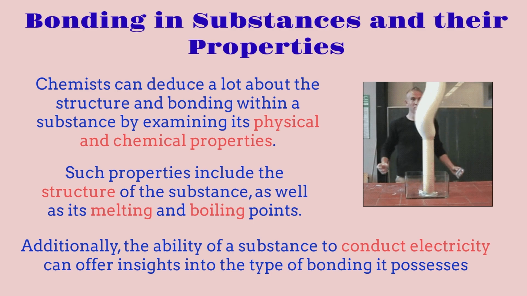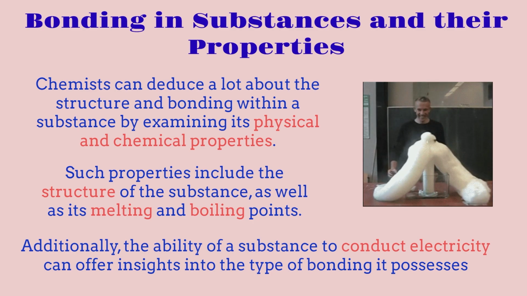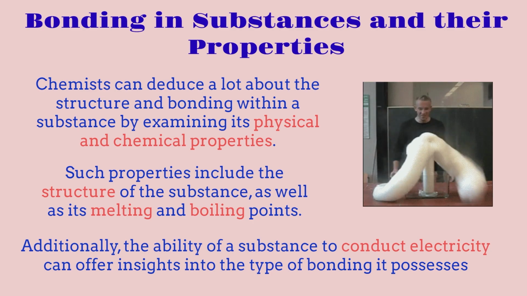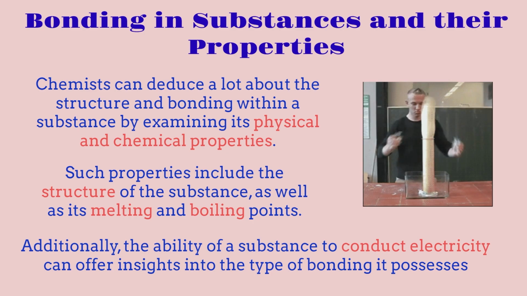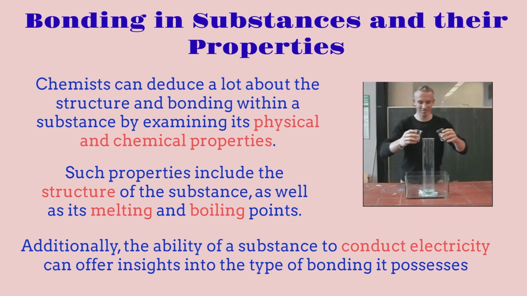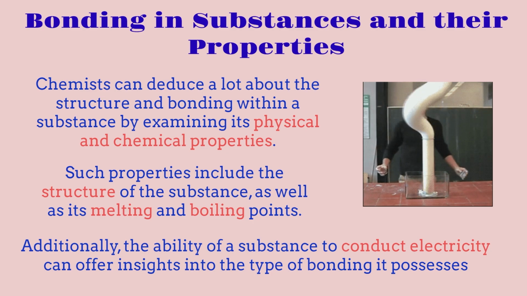So with these different things, such as conducting electricity and melting and boiling points, chemists can tell whether a structure has a strong bond or a weak bond. And we're going to look in the further slides at whether the ionic compound or the molecular compound has a stronger bond.